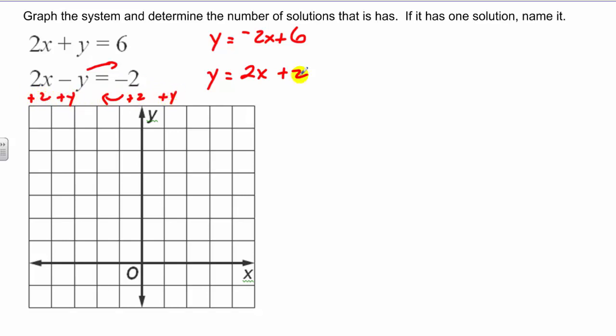So in doing that, I'm now going to graph these. We'll do this top one in red. I go up to 6, go down 2 over 1, do that a couple of times, connect the dots.